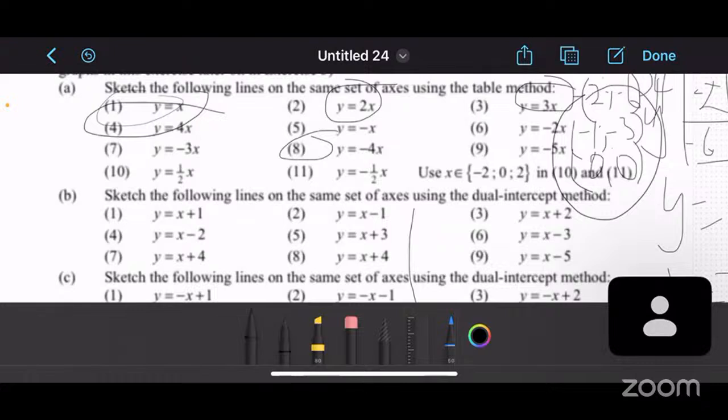Ma'am, first we'll make the table. Then for x, you're going to write -2, -1, 0, 1, and 2 as usual. Then for y, you're going to write y equals -4 bracket -2. Then the answer will be -8. Then for the second one, we're going to write y equals -4x bracket -1. The answer is going to be +4.